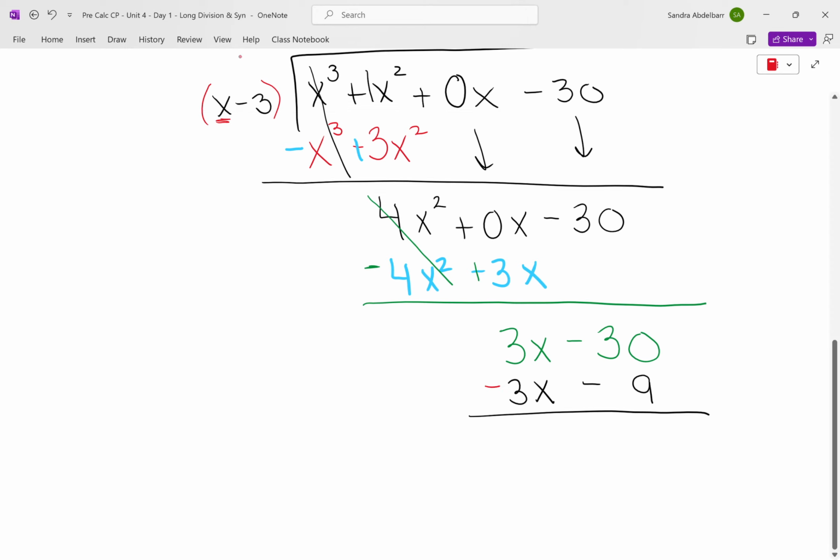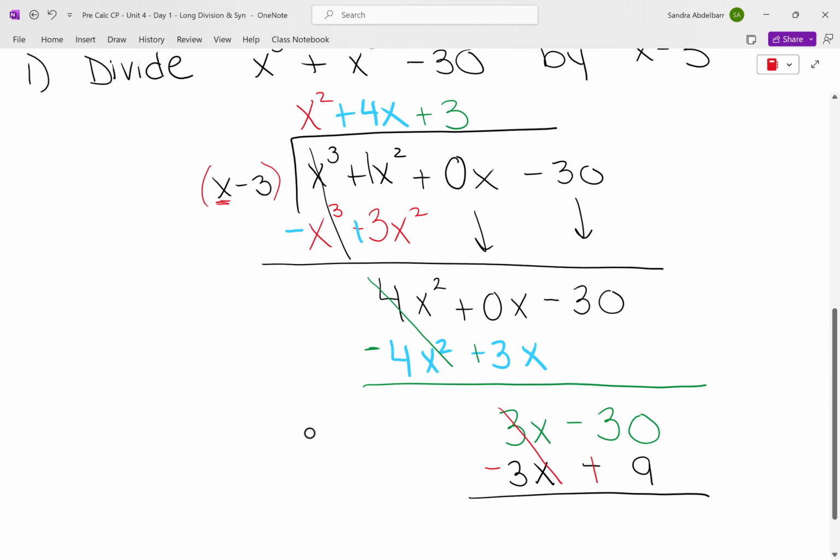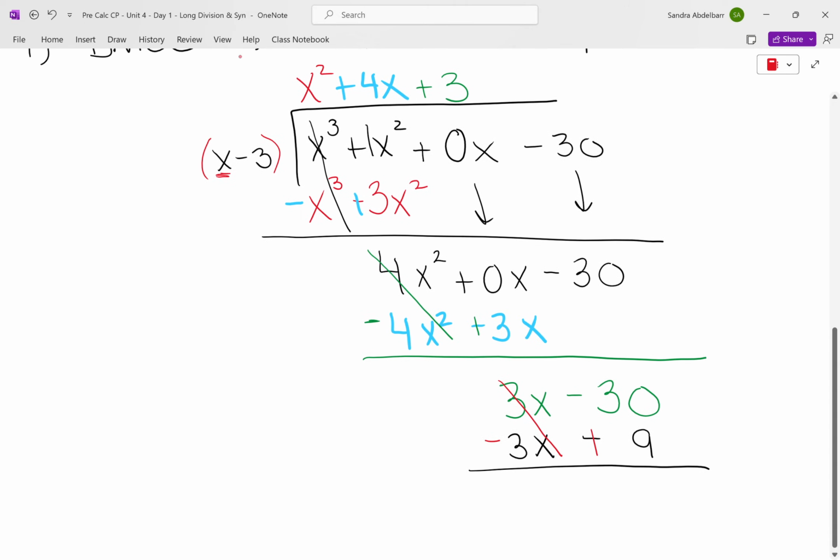So that becomes a minus 3x and a positive 9. So 3x minus 3x cancels. Negative 30 plus a positive 9 is a negative 21.